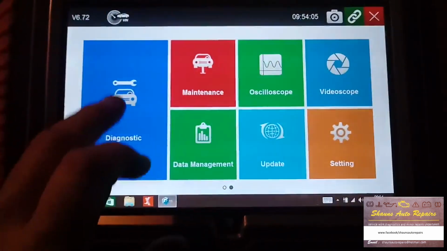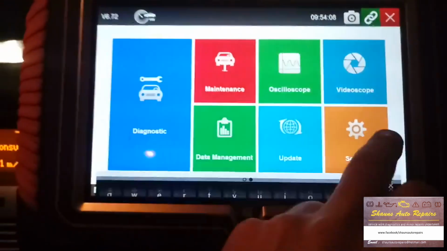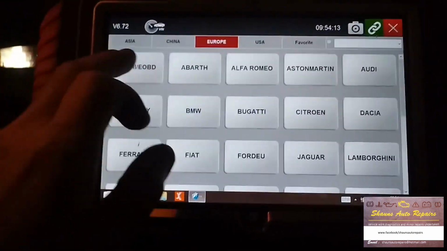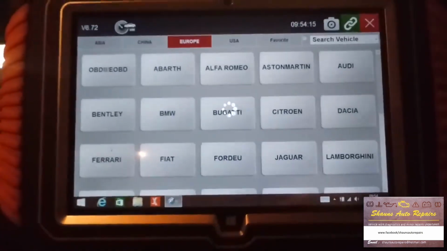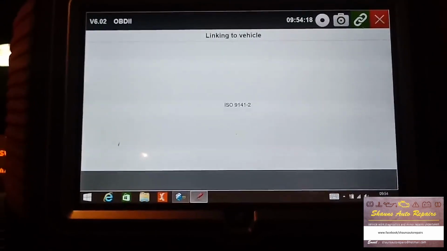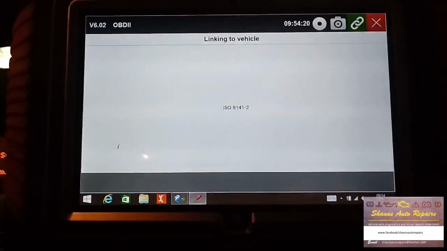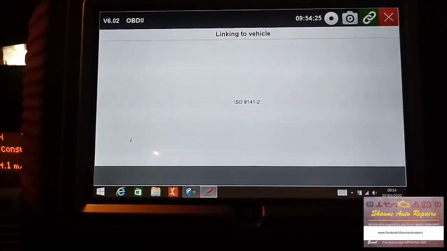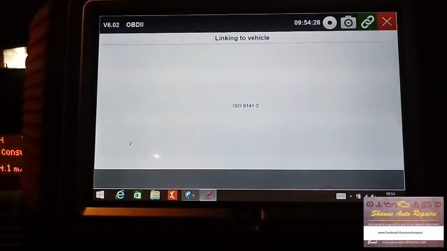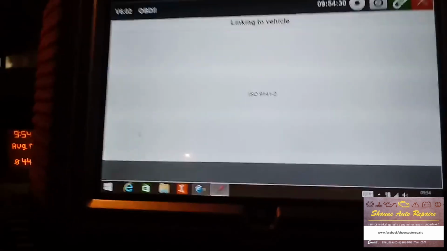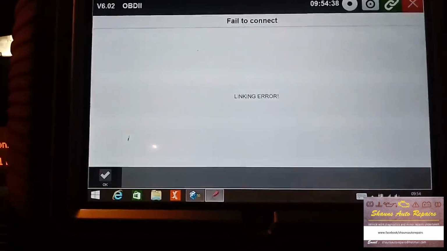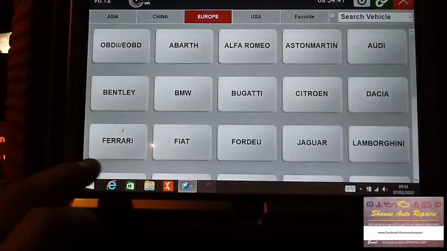Right, ignition's on, so we'll click on Diagnostic. We're just going to generic OBD for the time being. Wait for that to load up. Linking out, that's great.